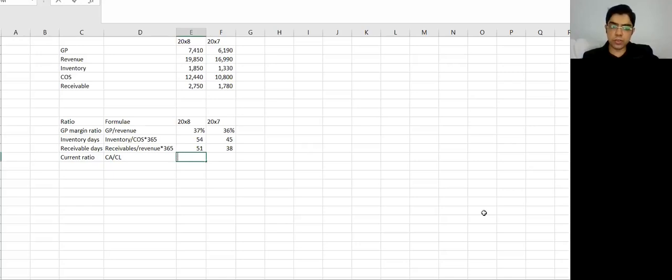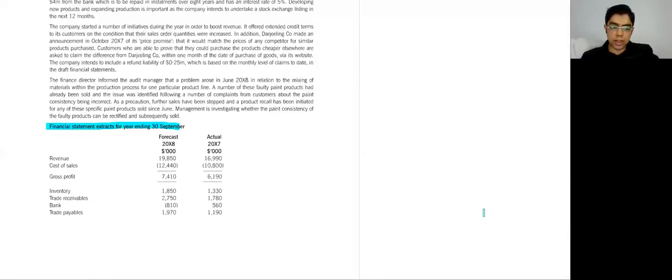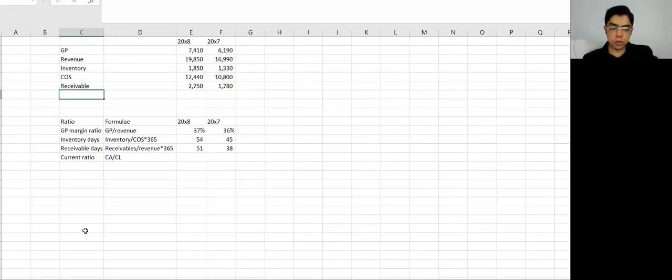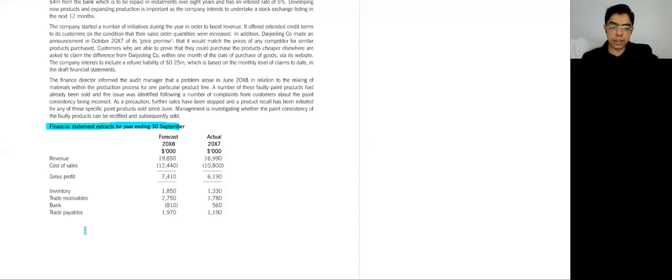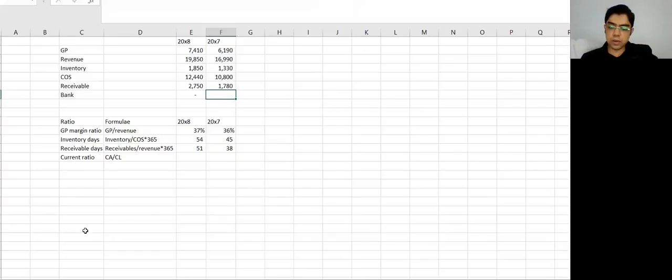Current ratio. You need to have your current assets and your current liabilities. Your current assets are inventory and trade receivables. Bank is a current asset, but in 20x8 it is negative, so that would effectively be a current liability. So for bank, if it's a positive balance, 20x8 is actually nil, and for 20x7 it is 560.